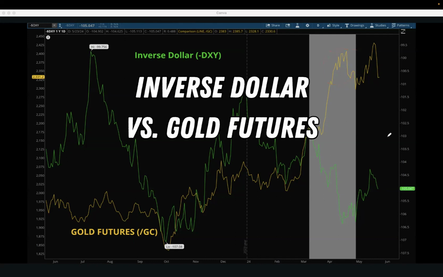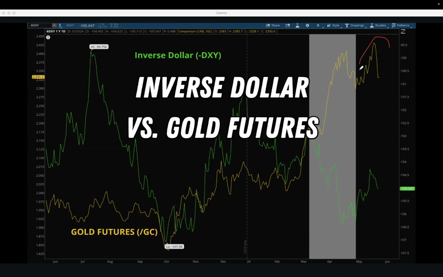And what do we see now? Well, we're seeing the inverse dollar dropping here, meaning that the dollar is going up. And we're seeing gold futures also dropping here as well. So again, we're kind of back to that normal relationship where we're seeing downturns in the green dollar line and downturns in the yellow gold futures chart.